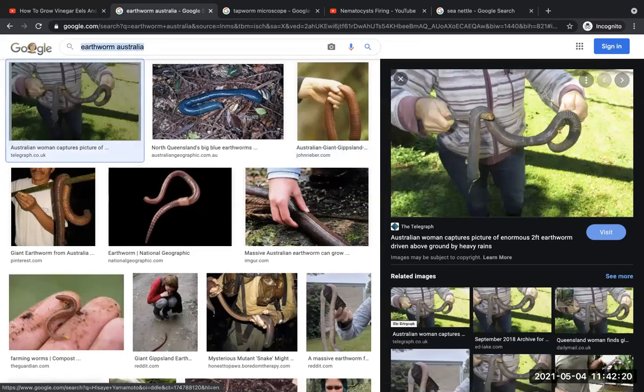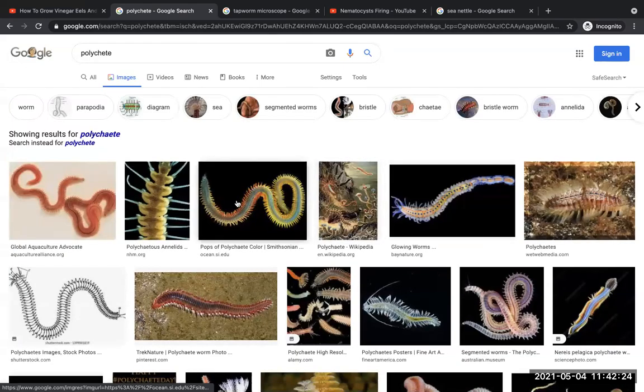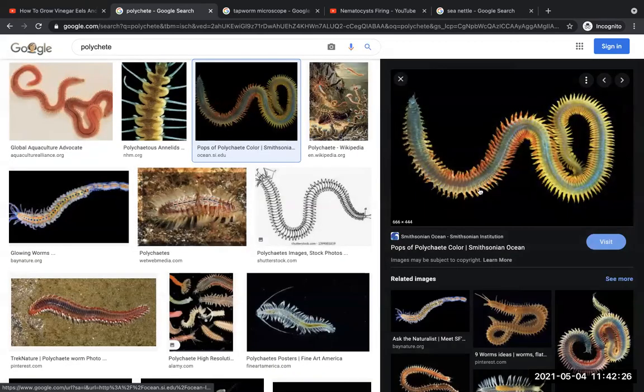And then the polychaetes. Polychaetes are going to have these bristles. So there's segmentation you can see, and then it's going to have these bristles or hair-like structures. Poly means many, so it's referring to many bristles that it has. So polychaete means many feet or many hair-like structures or bristles.